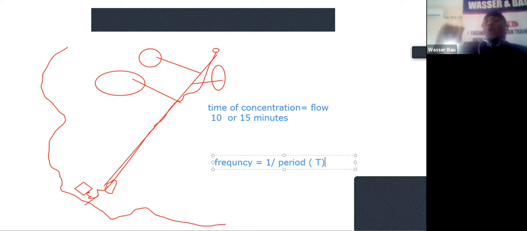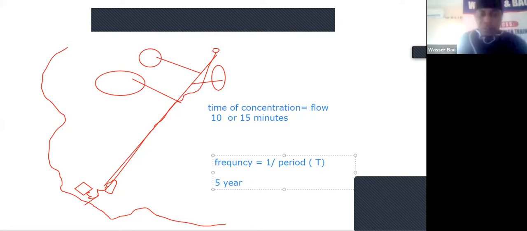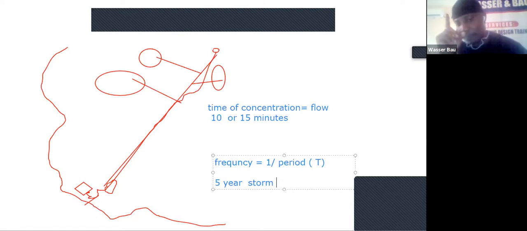What it means is, what is that maximum rain that will fall at least once in a certain number of years? So when I say a 5-year storm event, that's the most technical word, a 5-year storm, what this means is that this rain will happen at least once every 5 years.